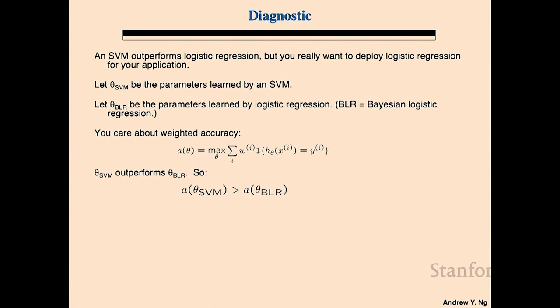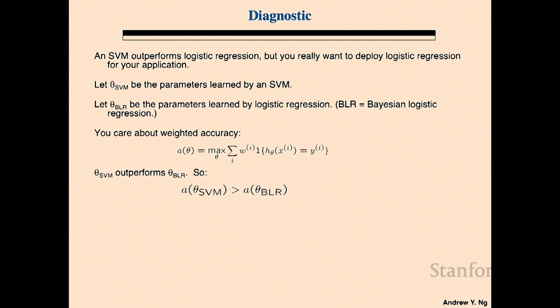And let theta BLR be the parameters learned by logistic regression, so just regularized logistic regression or Bayesian logistic regression. So you care about weighted accuracy, and the SVM outperforms Bayesian logistic regression. This is a one-slide summary of where we are in this example.